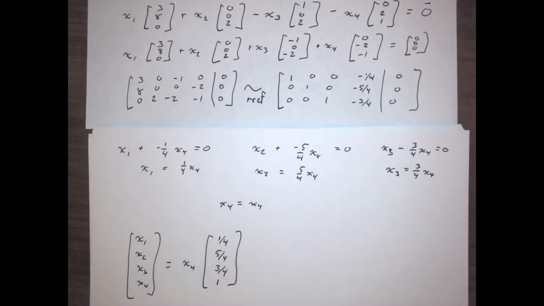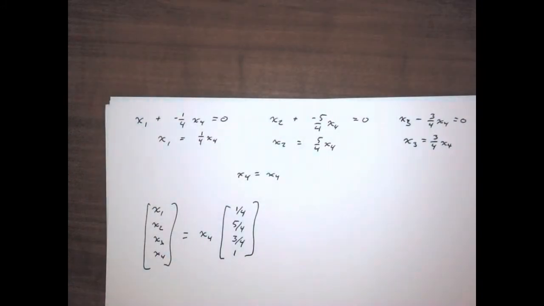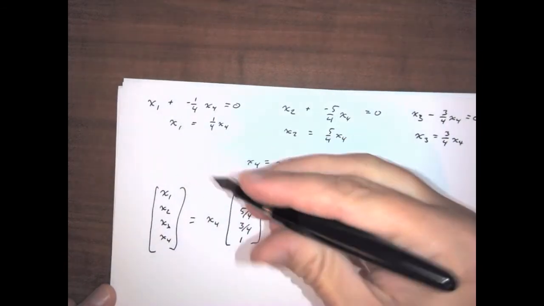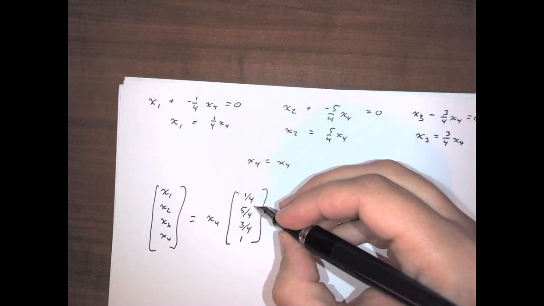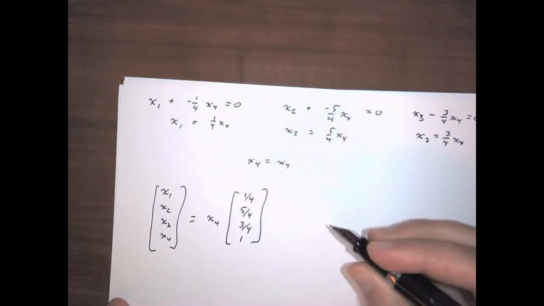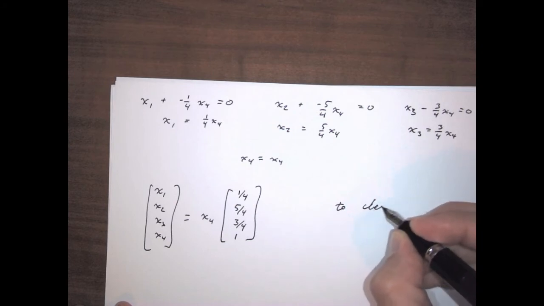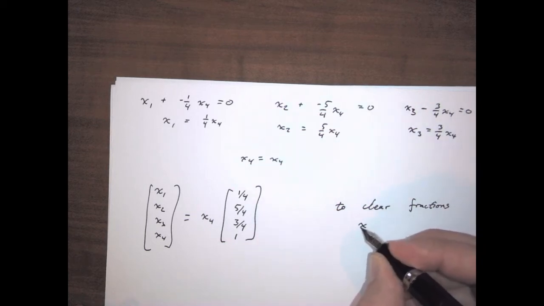So what this means is the free variable is acting like a parameter, and we can essentially choose it to be anything, and these will go up or down with it. And if we want these to all be integers, we can choose 4, to clear the fractions. It's free, so we can make it whatever we want.